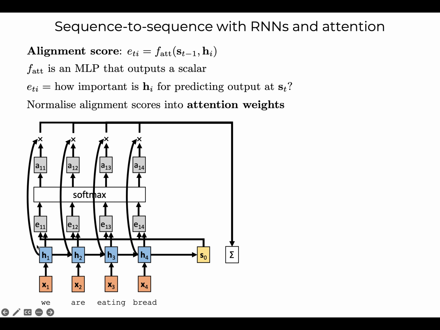We multiply each encoder hidden state by its corresponding attention weight, these A values, and then we sum all of them across all of the hidden states of the encoder, and we use that to give us the context vector at time t. So the context vector at time t is simply the sum of the attention weights multiplied by the corresponding hidden states.